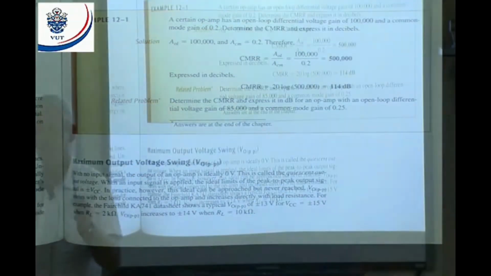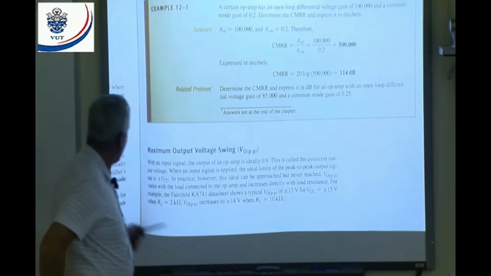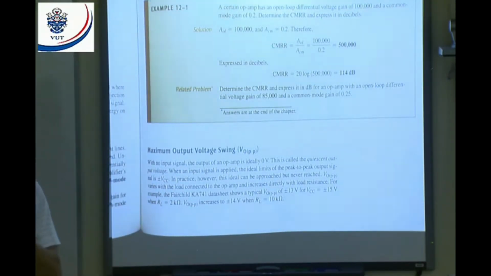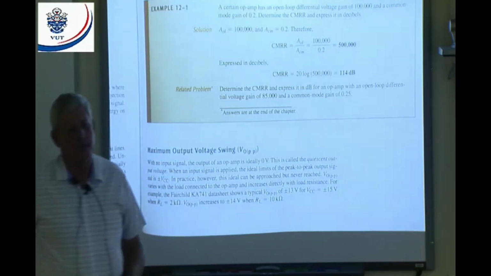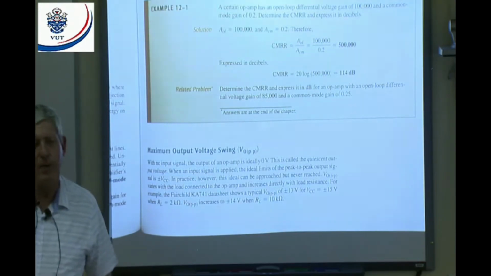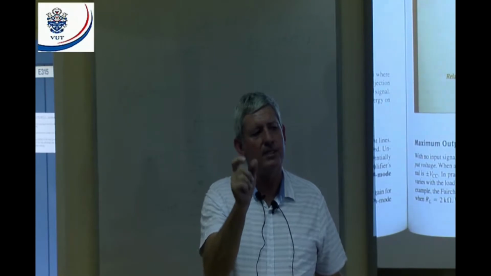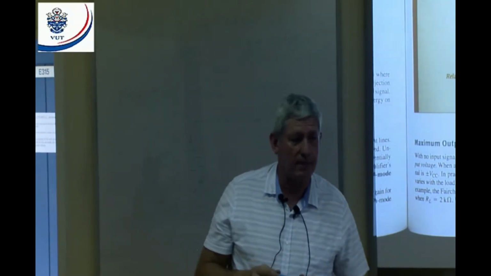Then they say if I got a load of 2 kilo ohms, and I want the device to saturate, it will go to plus 13 minus 13 volts. Why? Because we got output impedance, and when there's current flow, what happens? Due to the current flow, there's a volt drop inside the device. The larger the current, the larger the volt drop inside the device.